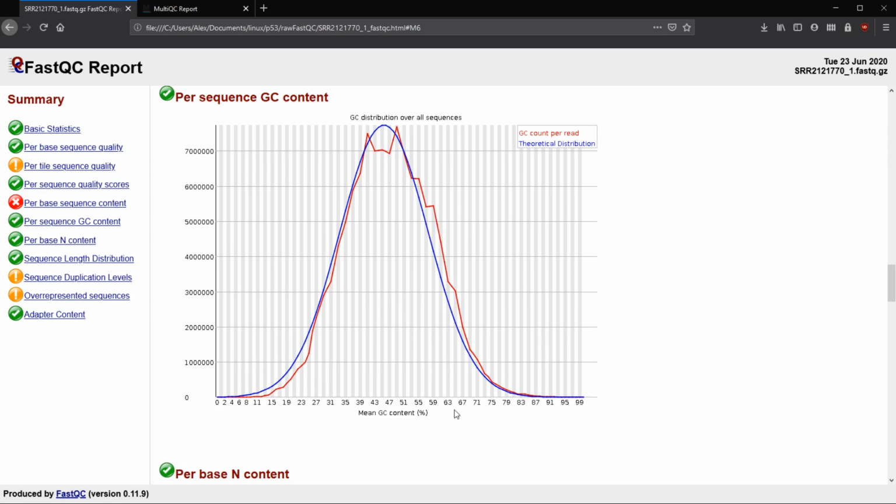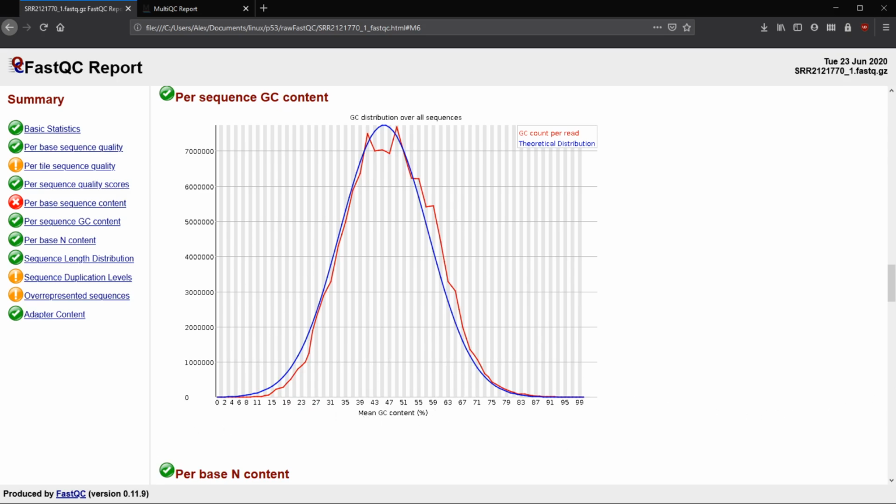Very few sequences have either none or all GC content. We're going to expect somewhere right around the middle, and that's where we get this peak.